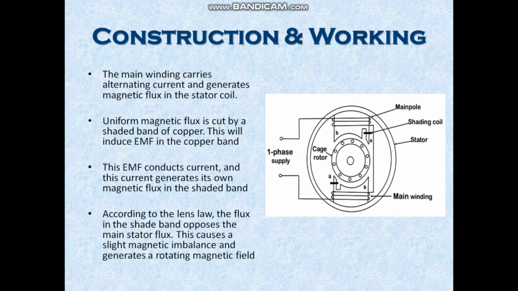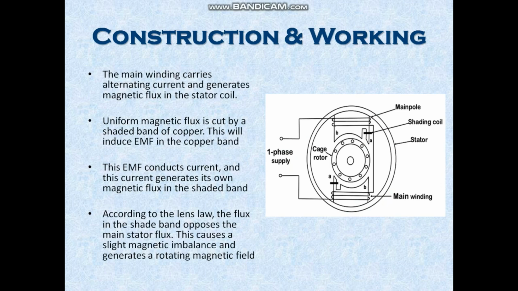The main winding carries the alternating current and generates the magnetic flux in the stator coil. Uniform magnetic flux is cut by the shaded band of copper. This will induce EMF in the copper band. This EMF conducts current, and this current generates its own magnetic flux in the shaded band.